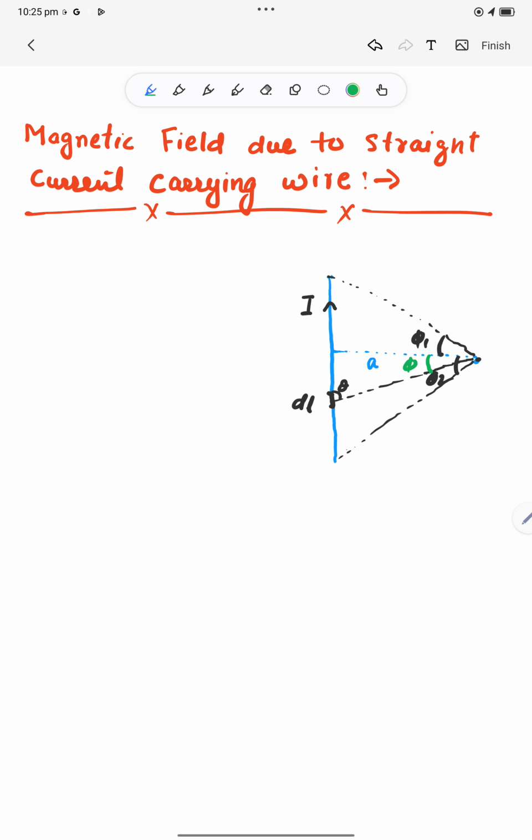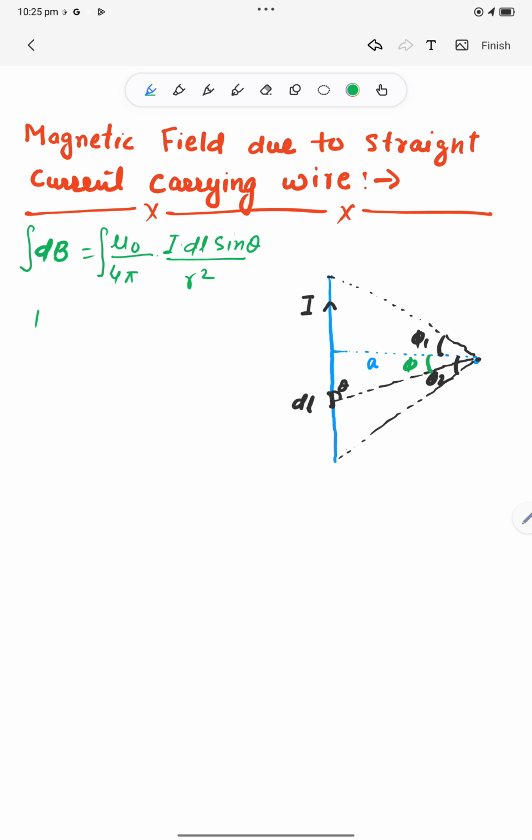So we have the formula for the small current carrying element, dB, equal to mu naught by 4 pi I dl sine theta upon r square. To calculate the magnetic field due to the whole wire, we will integrate this term.